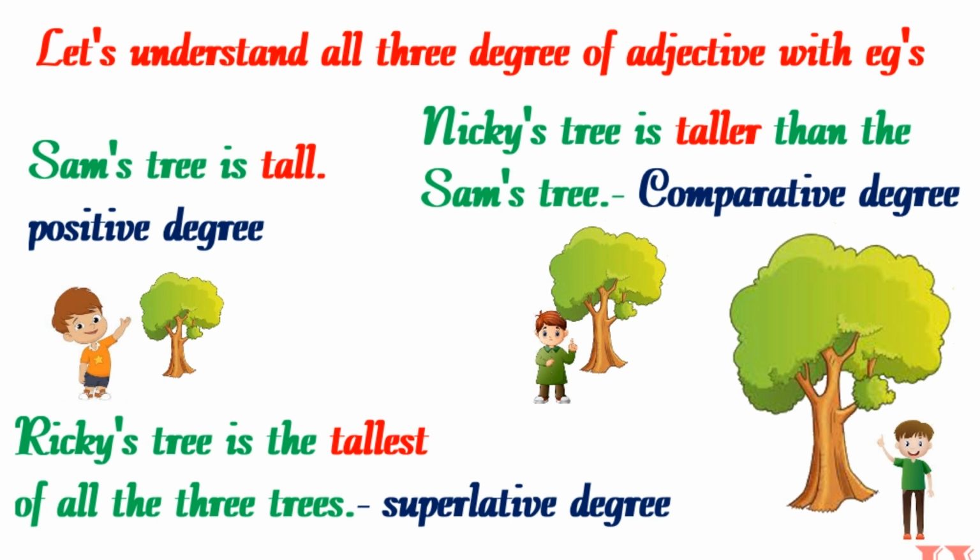They describe the trees of Sam, Nicky, and Ricky, where tall is the positive adjective. It does not make any comparison. Taller is a comparative degree where Nicky's tree is compared with Sam's tree. Tallest is the superlative degree where Ricky's tree is compared with Sam's and Nicky's trees.